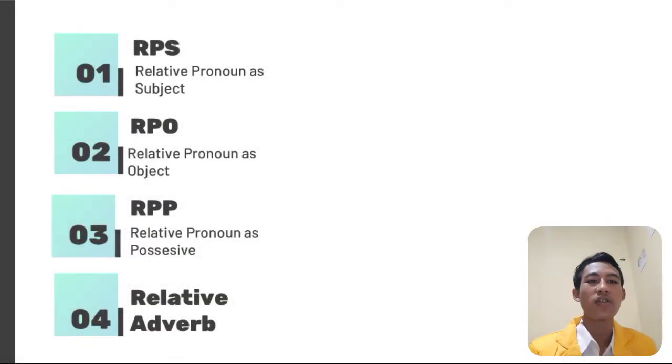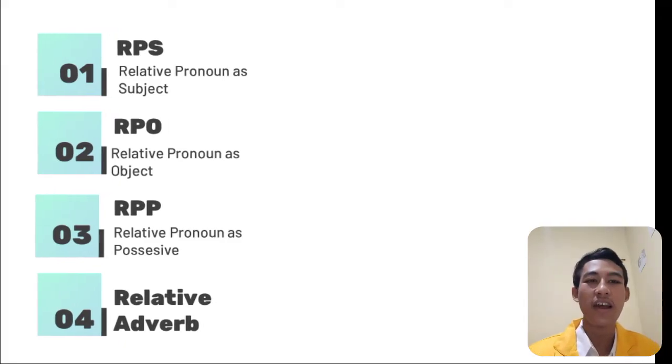Good. Adjective clause consists of 4 parts. That is: 1. Relative pronoun as subject. 2. Relative pronoun as object. 3. Relative pronoun as possessive. And the last, relative adverb.